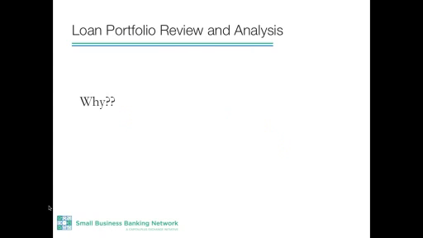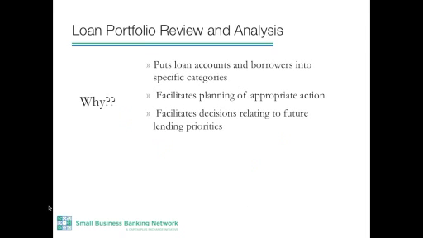Now, another important aspect in preventing loan delinquency is to regularly review and analyze the status of your loan portfolio. Now, in the course of the analysis, you will be guided to categorize your borrowers now.